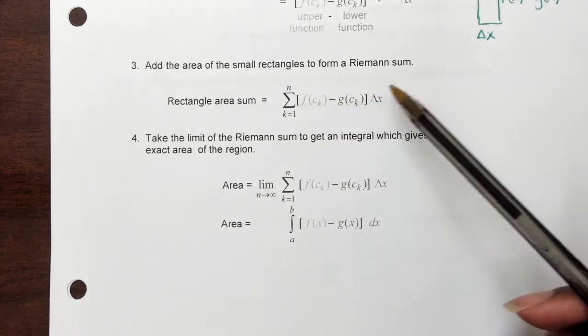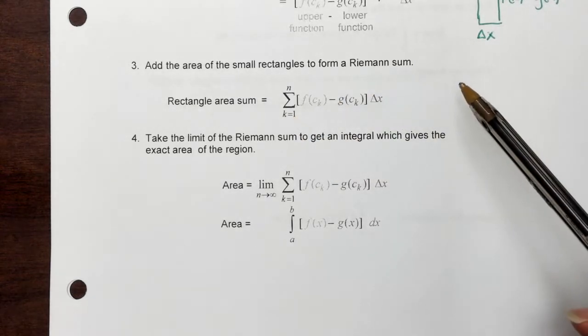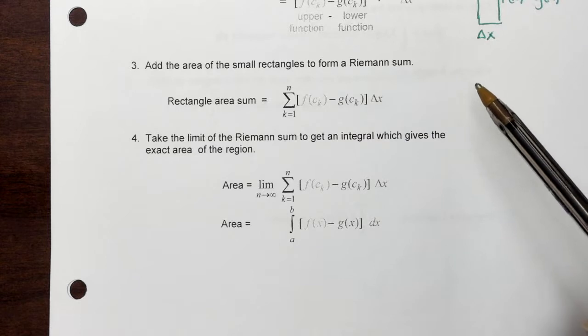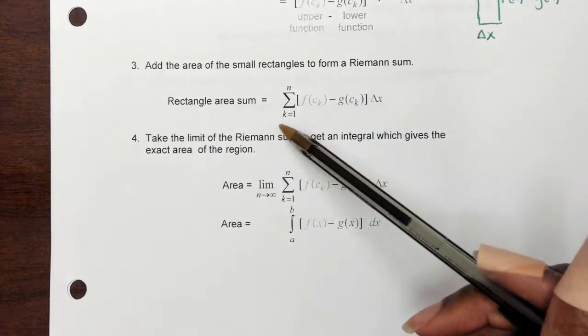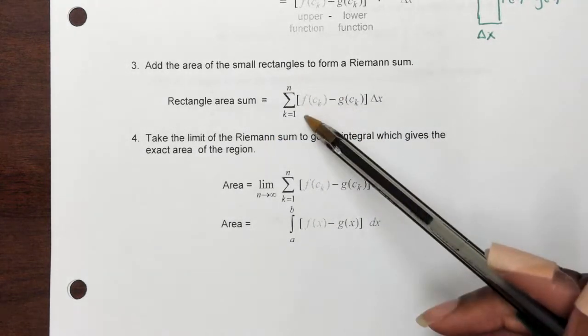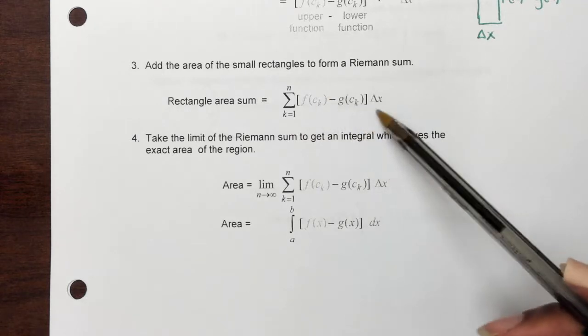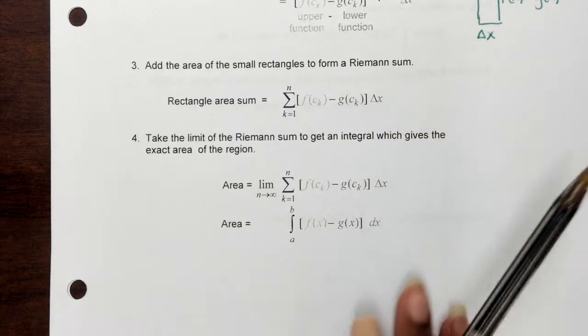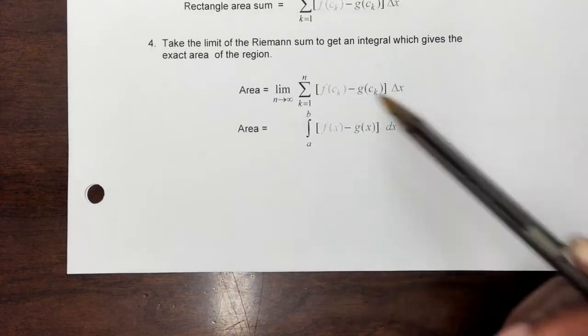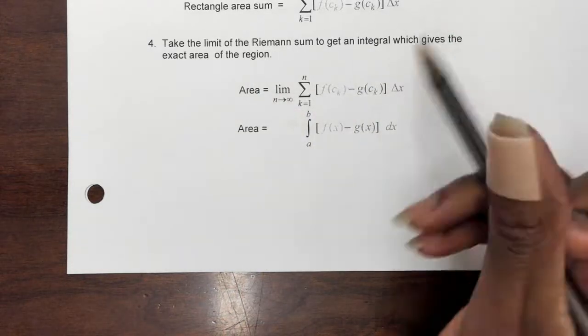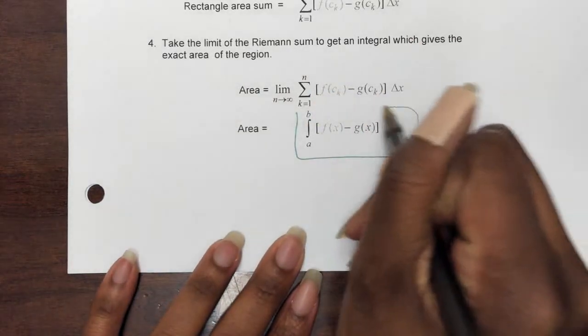So when we add those areas all up, similarly to how we did with Riemann sums, we take the summation of the upper function minus the lower function times the change of x. And when we take the limit of that, that's what gets us to the integral.